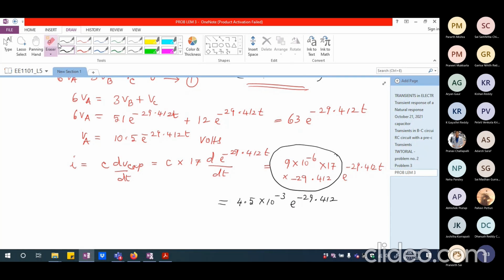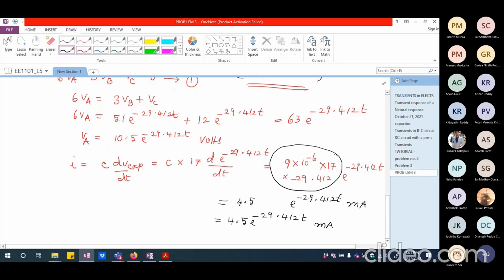So if I remove this 10 power minus 3, I can write this as 4.5 multiplied by this entire thing milliampere. Okay, so I am getting this as 4.5 multiplied by e power minus 29.412 t milliampere. Please remember, this is a function of t. It's not a constant value. It is a function of t.